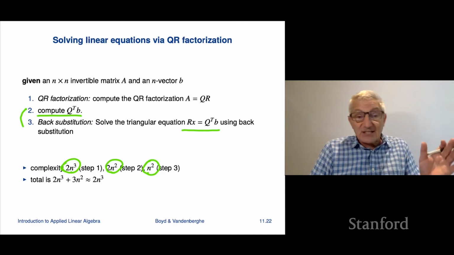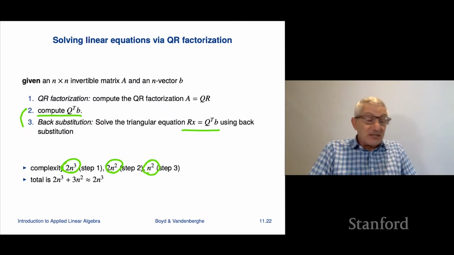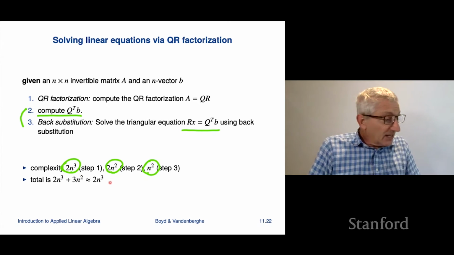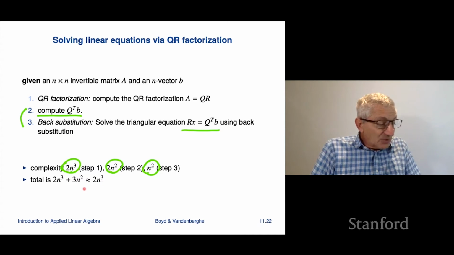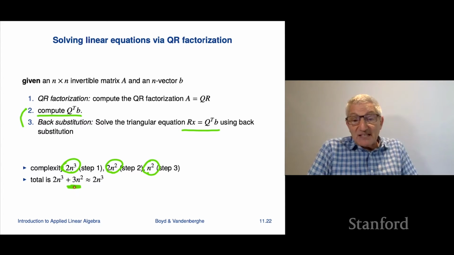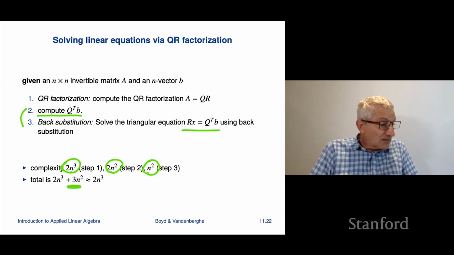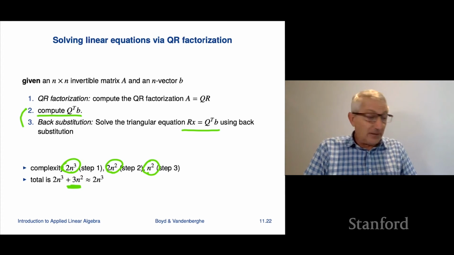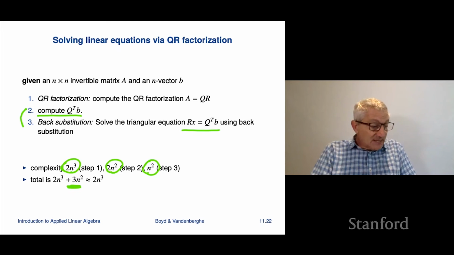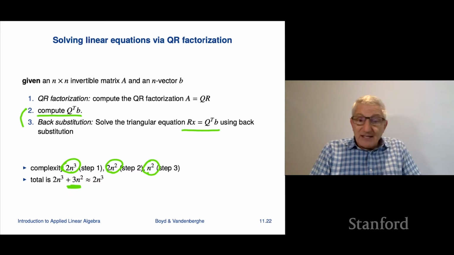And that's great because a whole lot of applications can be done this way. When you're doing a flop count, you would ignore something proportional to n squared compared to n cubed. So it's basically 2n cubed that is the cost of solving Ax equals b for an n by n matrix A. And I'll give you some rough ideas about this.